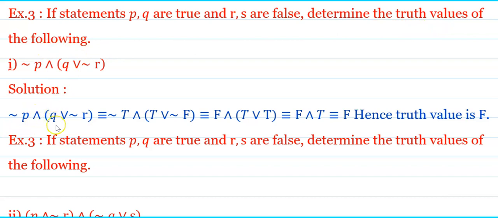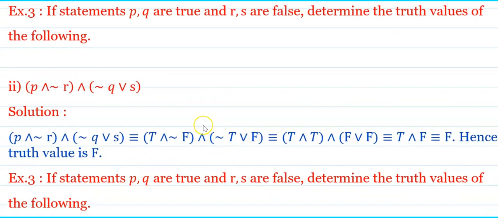Negation of P and in bracket Q or negation of R. P and Q are T, therefore we will substitute P and Q as T and R as F. Negation of T and in bracket T or negation of F. Negation of T is F and in bracket T. Negation of F is again T. F and in bracket T or T. T or T is T. Now F and T is again F and hence the truth value is F.